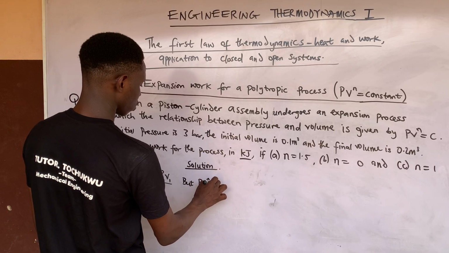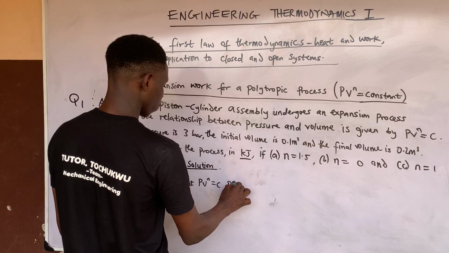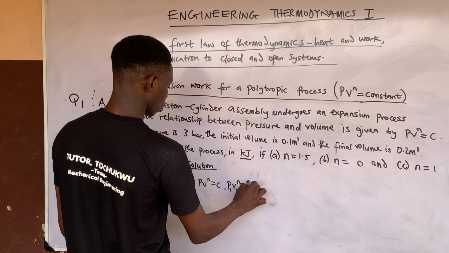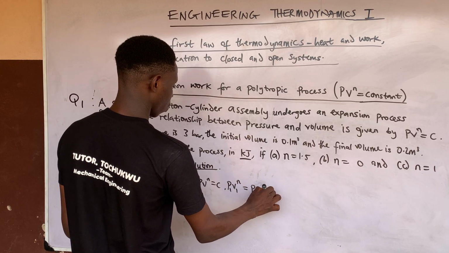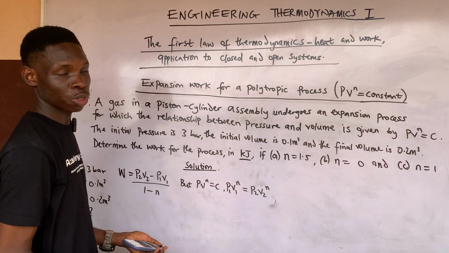PV^n is a constant. In other words, we have that P1V1^n equals P2V2^n. From here, we can make P2 the subject of the formula.